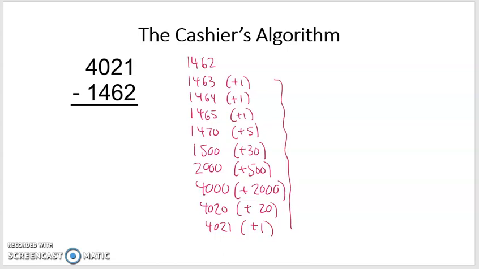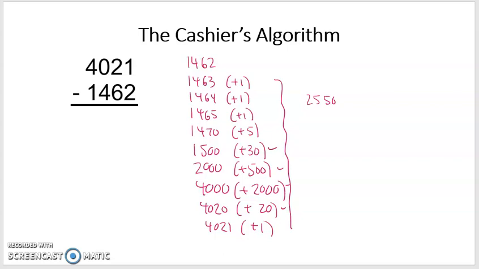So the difference is what we added to 1462. Let's figure out what that would be. That would be, let's see, 2,500 right here and here, plus 50. So that's 2,550 right between all those.